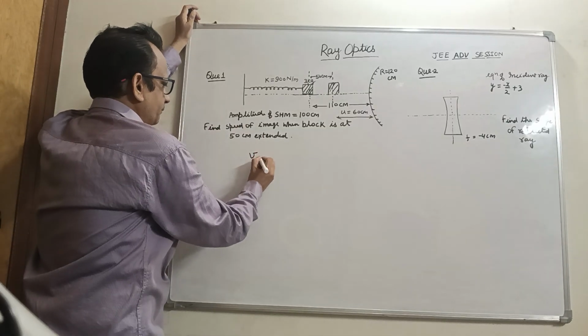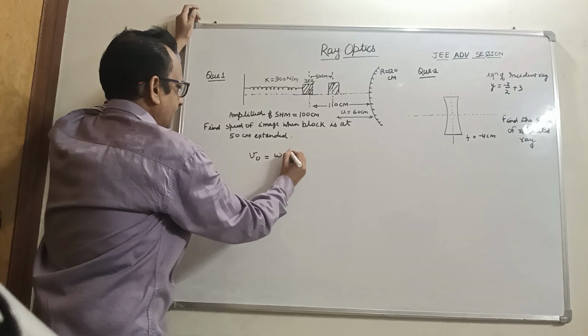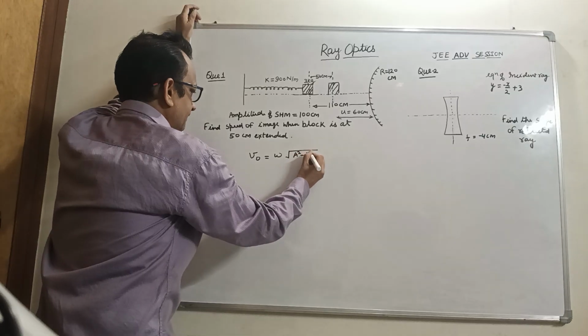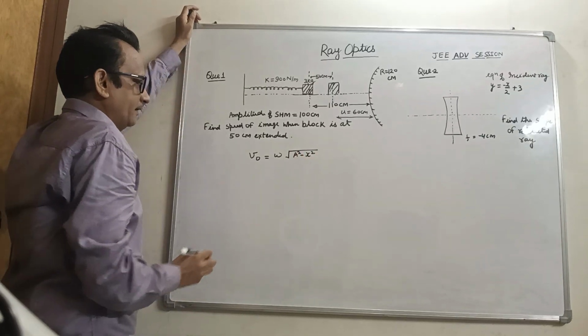So the velocity of the object will be omega under root amplitude square minus displacement square.